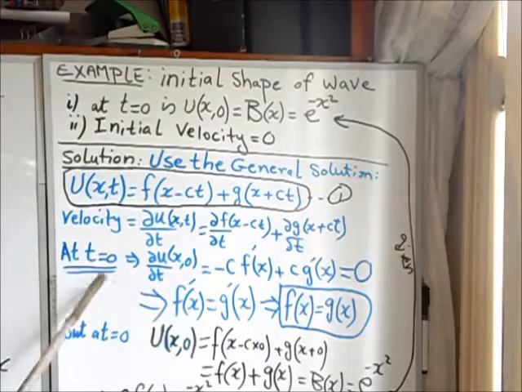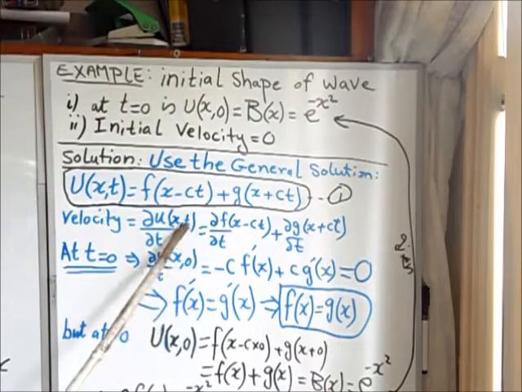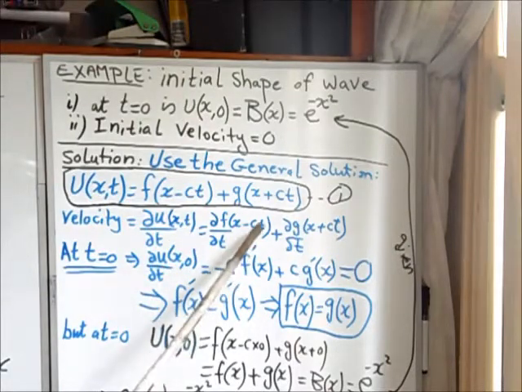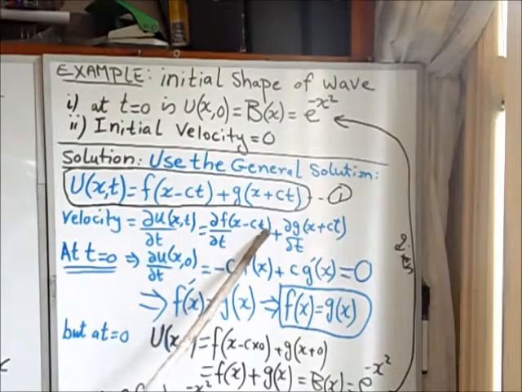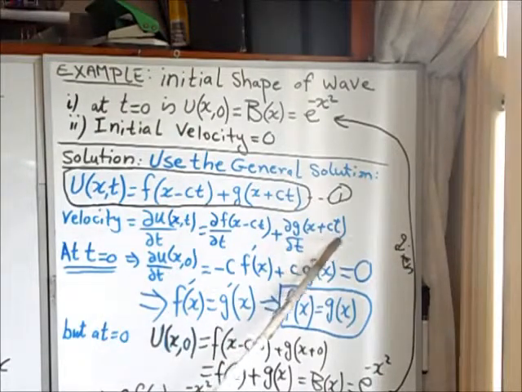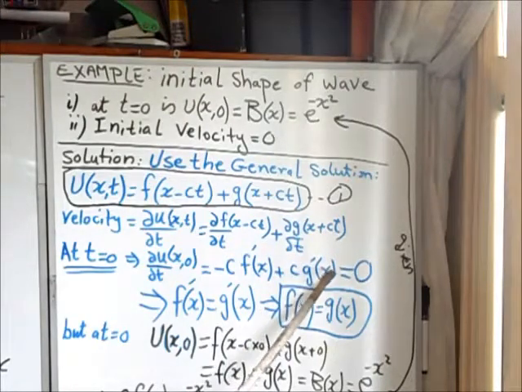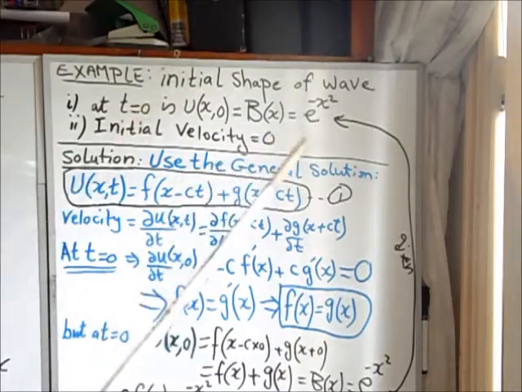So this means at t equals 0, du/dt (x,0), because t is 0, equals minus c f dash of x, because that becomes 0, so the derivative now is with respect to x, plus similarly c g dash of x. Alright, so this equals 0 because the initial velocity is given as 0.